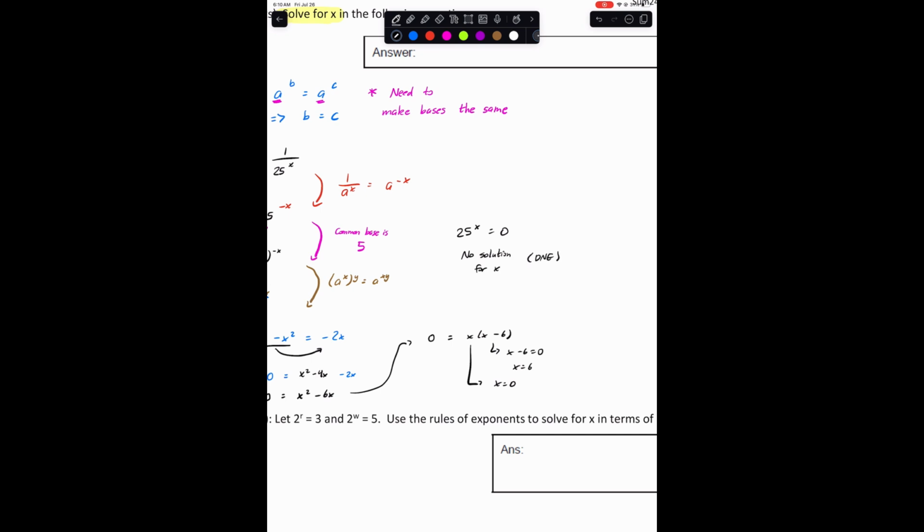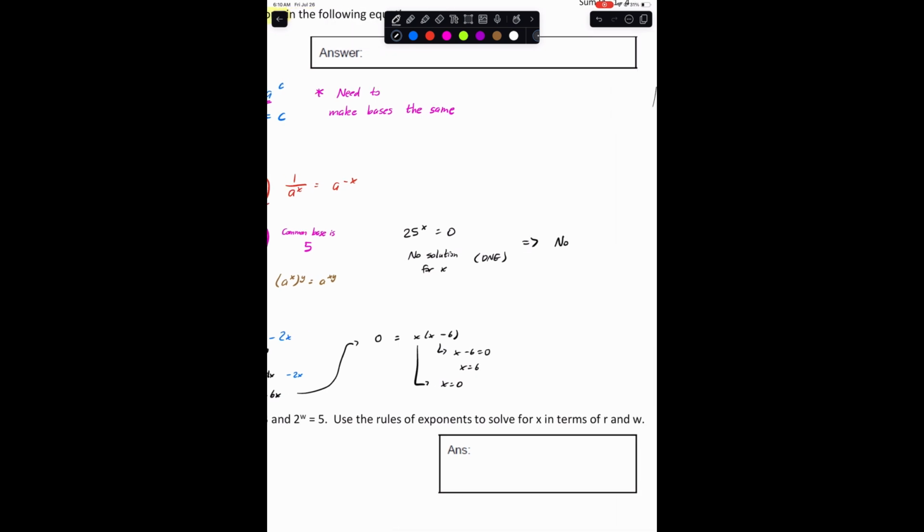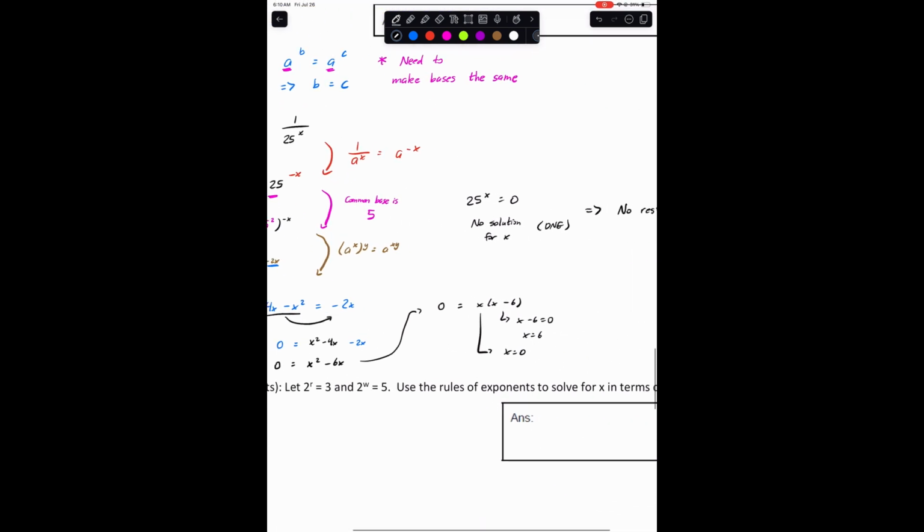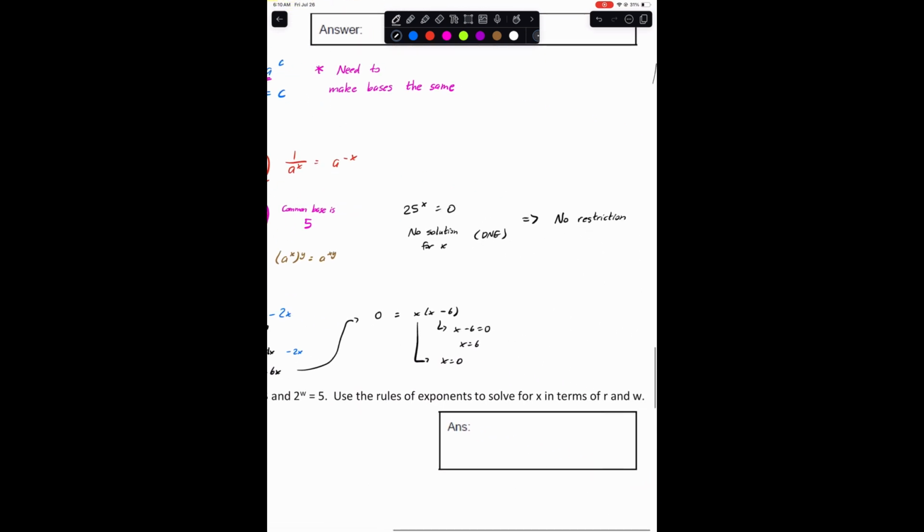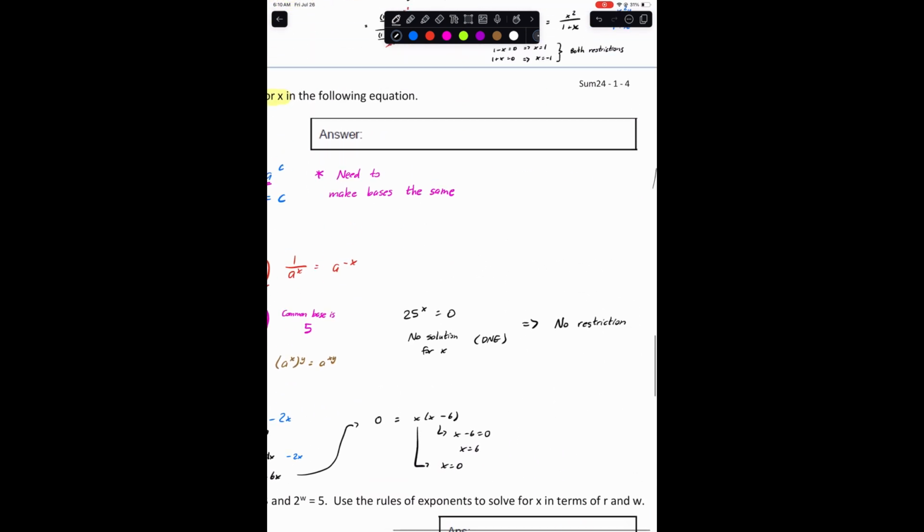So this means I have no restriction, and that means both of these answers are my answers. So x equals curly bracket 0 comma 6. Curly means a set, so not a point, so this is perfectly fine. All right.